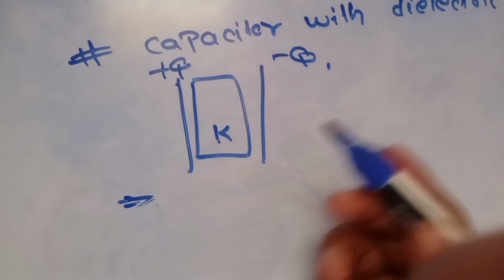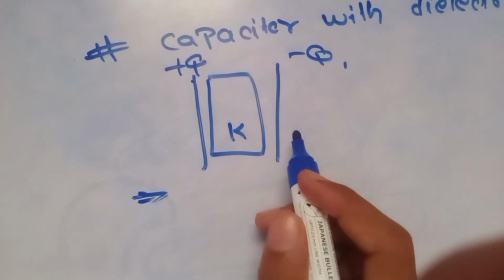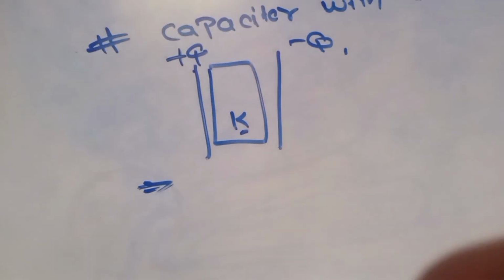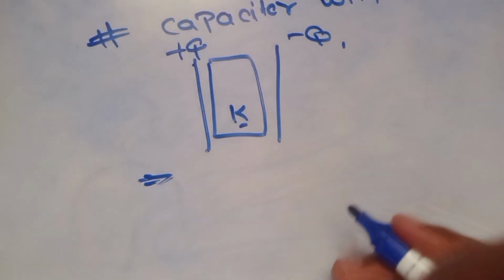So we have to find the capacitance of the parallel plate capacitor in another medium of dielectric constant K. For this we have to find delta V, and for delta V we have to find the electric field.